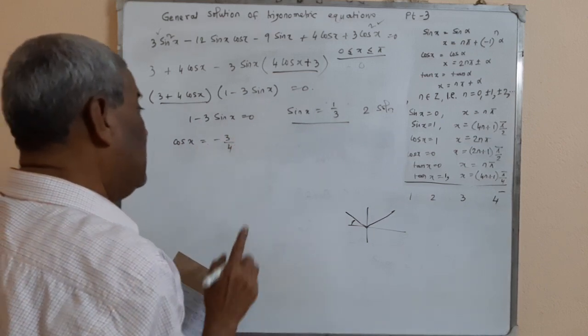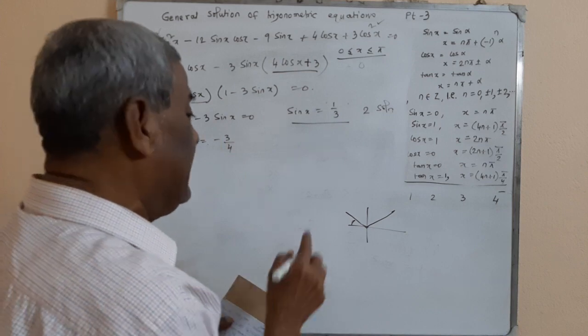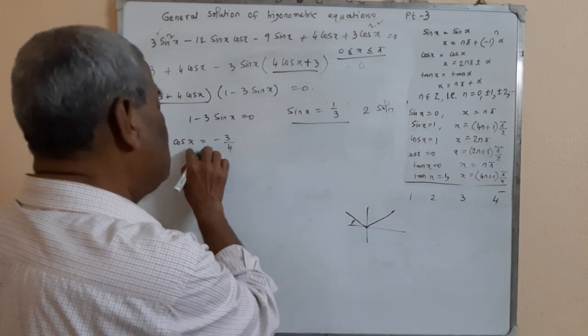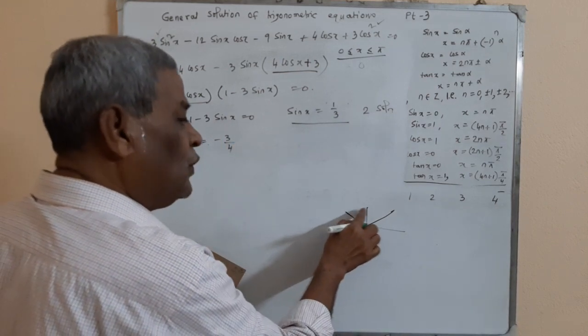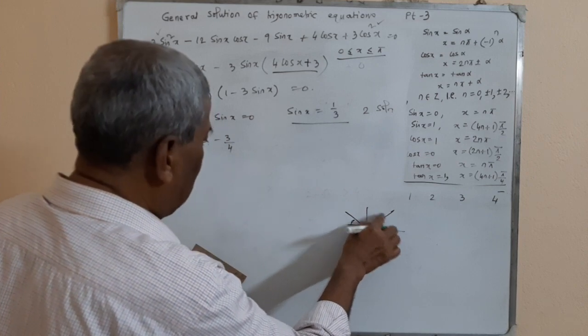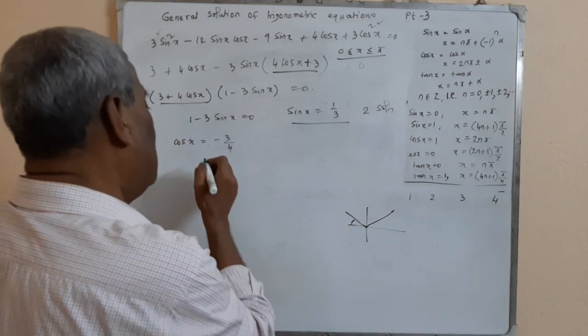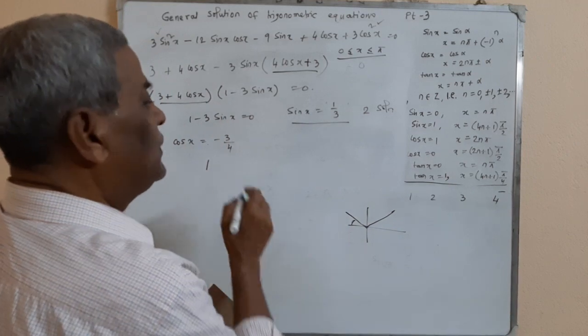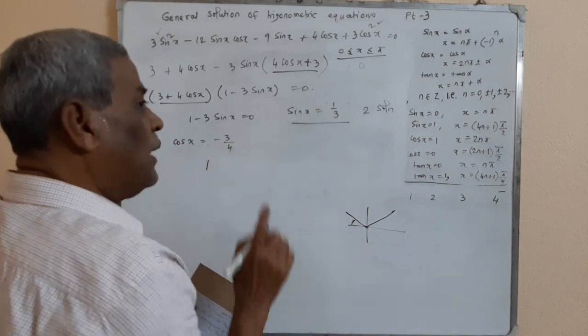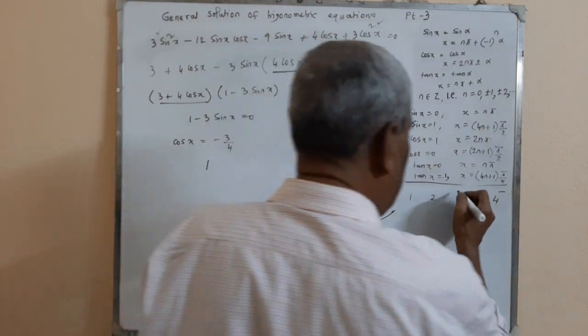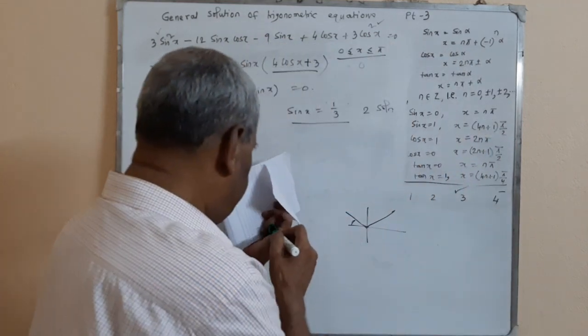It is negative. Cos is negative in the second quadrant. It has no root in the first quadrant, only one root in the second quadrant. So it has only one root. So the total number of solutions is 3. So this is the correct option.